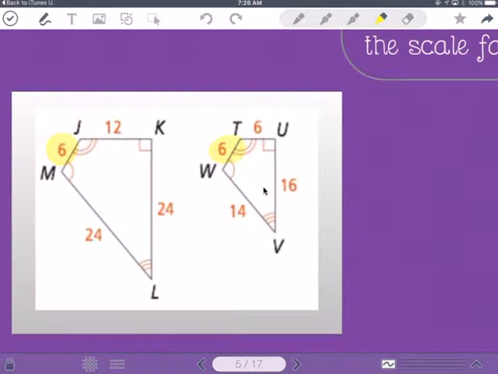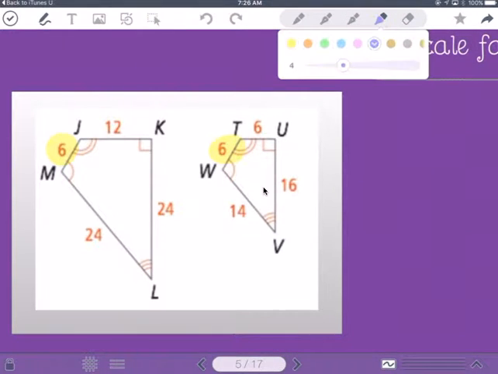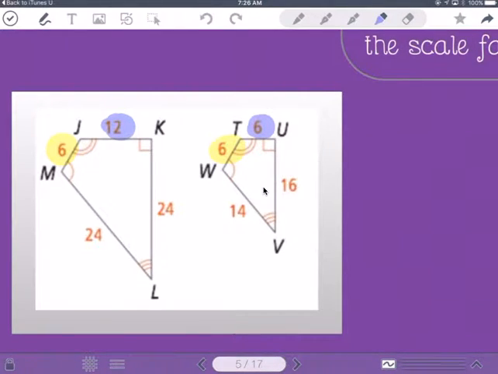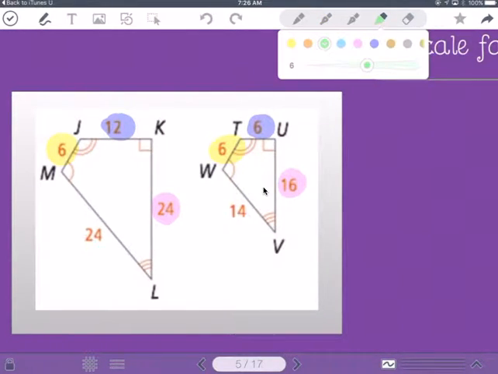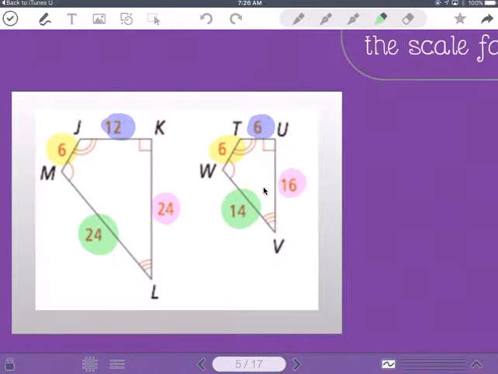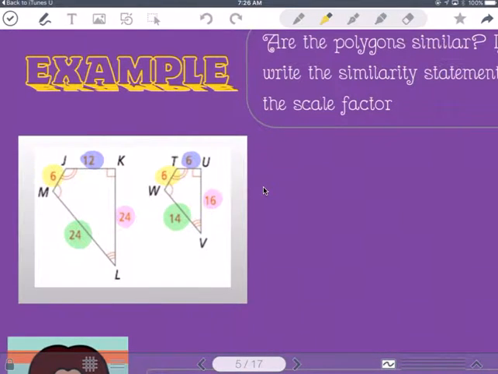So 6 to 6, 12 to 6, 16 to 24, and 14 to 24. All right. So I'm going to write all of my ratios.